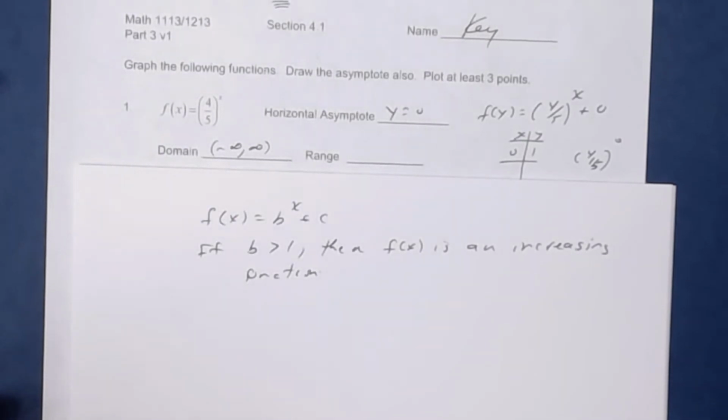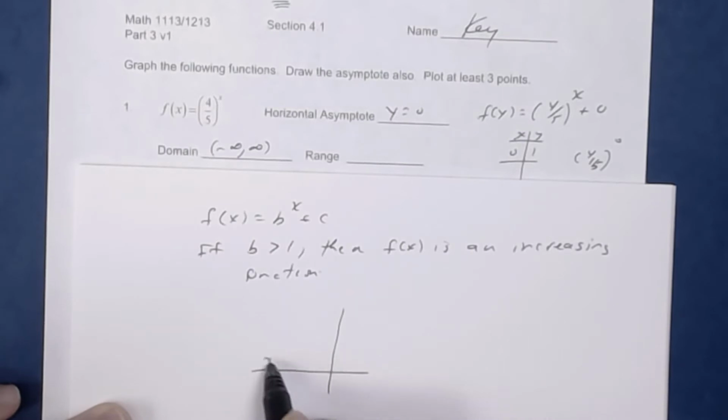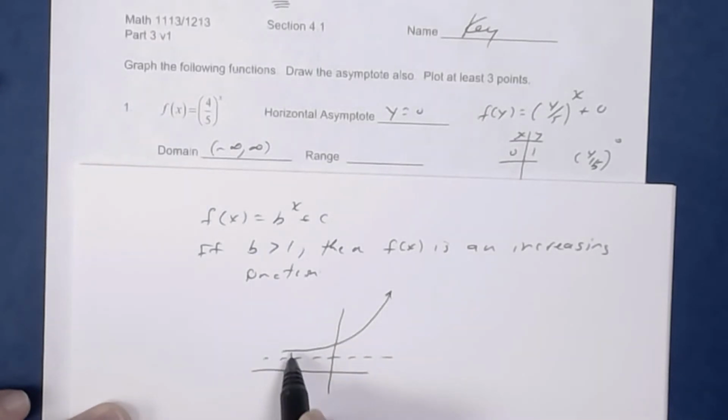Meaning that if you have the horizontal asymptote, let's say, being here, the graph will look something like this.